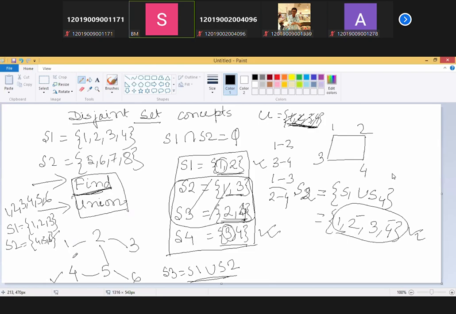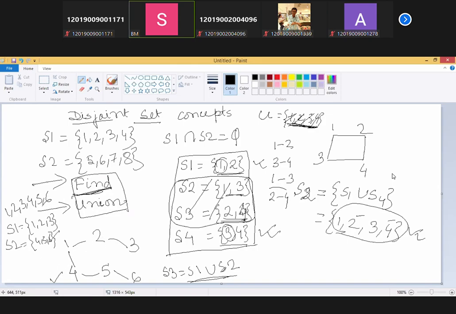If I search for 1 and 4, they belong to two different sets, then also it will not make a cycle.